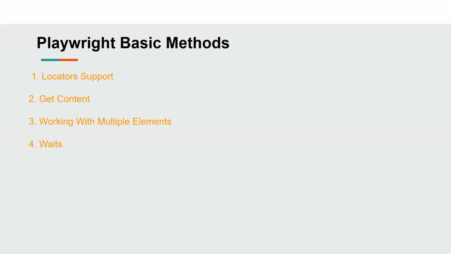You get an element, that is a web element object, and using that web element object, you interact. Similarly, here you have a locator object. There are many methods for getting the locator object, and we'll look at each and every method. And then how to get the content of the page, working with multiple elements, and what waits are in Playwright. We'll look at those.